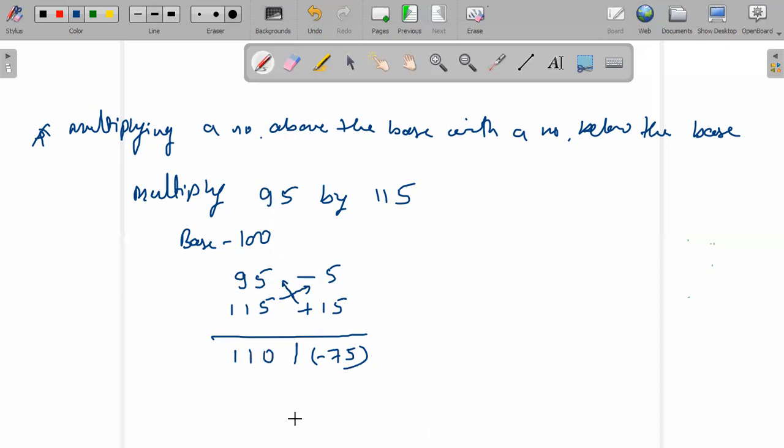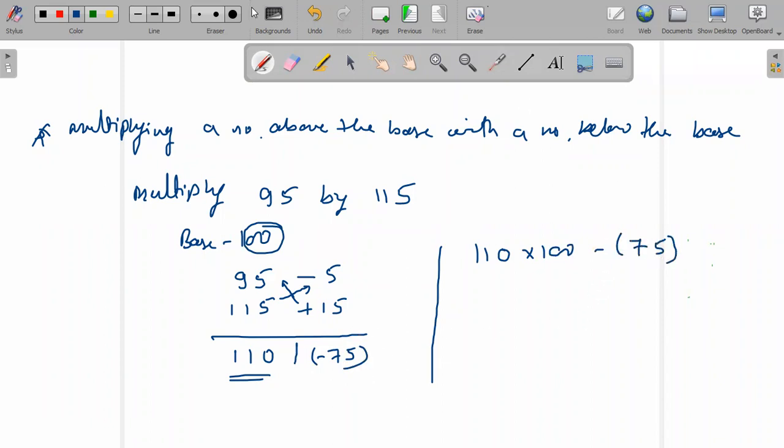Now the next thing you have to do is, whatever the answer is at the LHS, you have to multiply it with the base. So 110 into 100 minus 75.